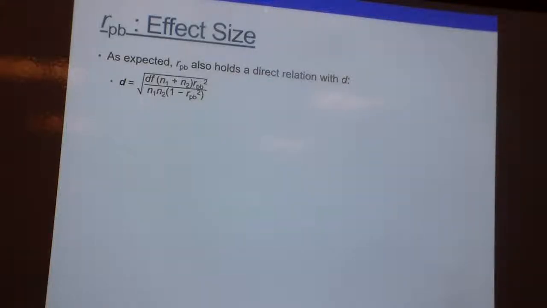I can take that correlation, translate it into a d, and then compare equal metrics with what I've got on hand. If one study reported a correlation and another reported an effect size, I can make those two things equivalent. This is super, super helpful.